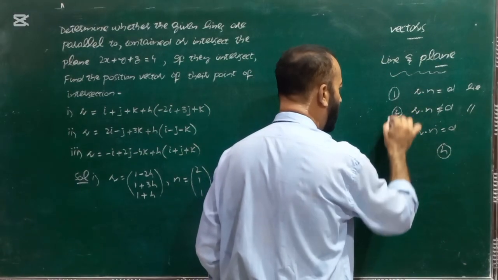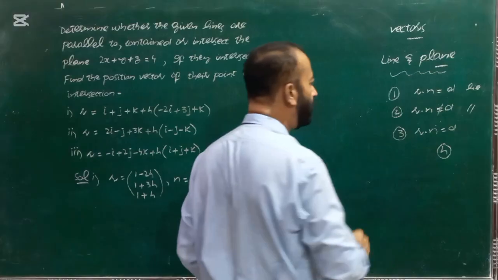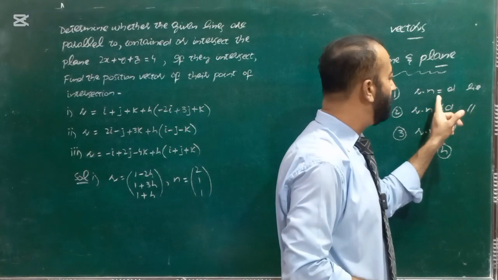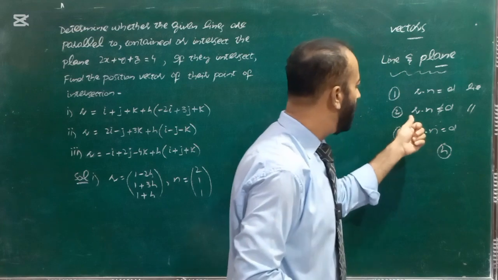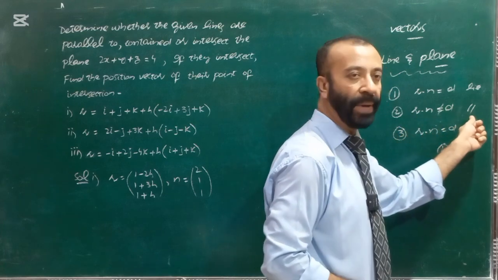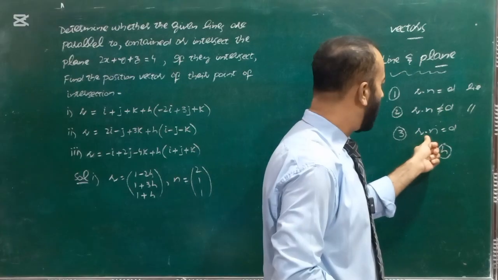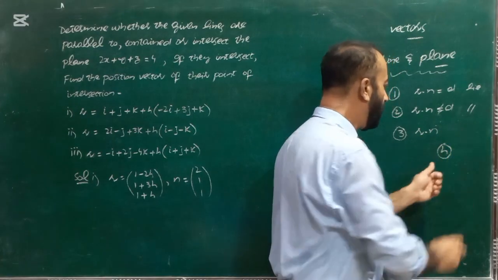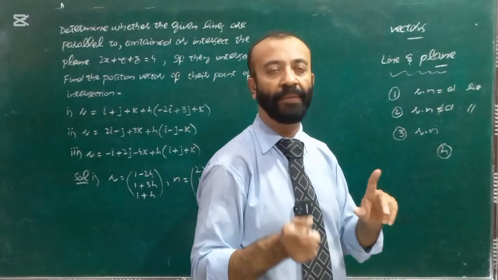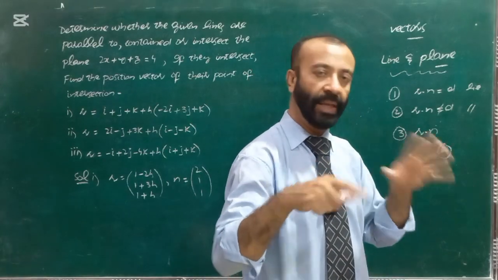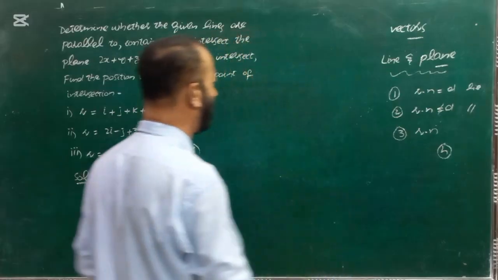So here are three cases. Listen again. If r dot n is equal to d, then the line will lie on the plane. If r dot n is not equal to d, then the line will be parallel to the plane. And if r dot n involves some equation involving lambda, then we will find the lambda. Actually, then the line and plane will intersect each other, and then we will find the point of intersection.